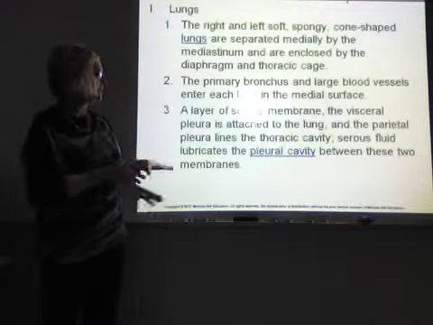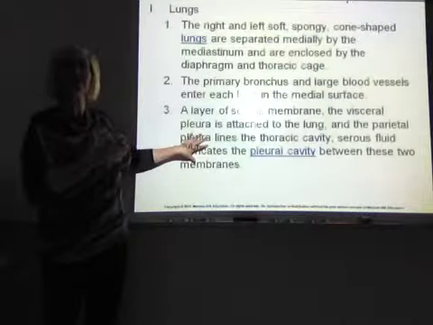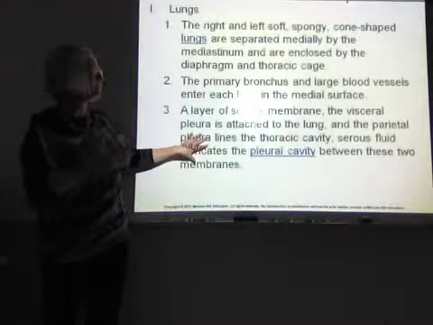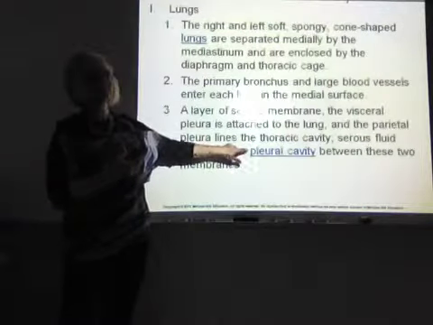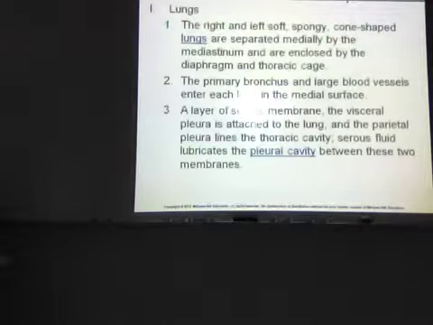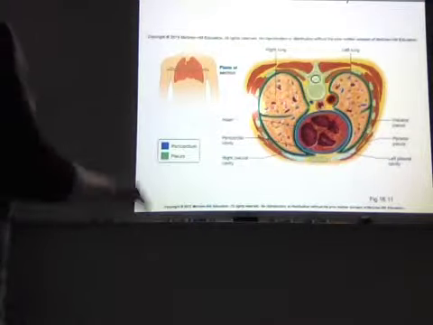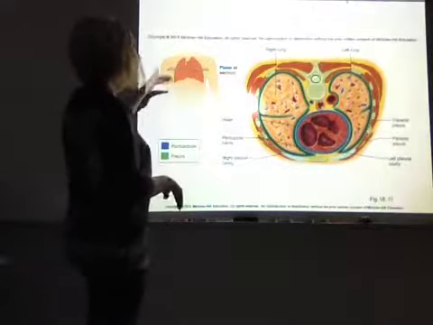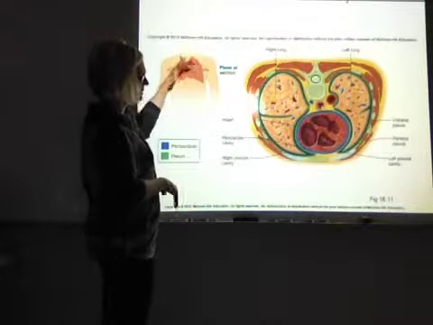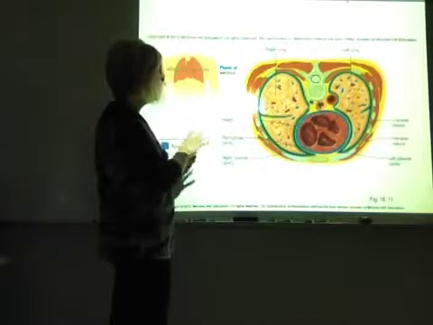When people get fluid on their lungs, a lot of the time it will fill that cavity, where there will be excess fluid, and that causes a weight or heaviness on your lungs.